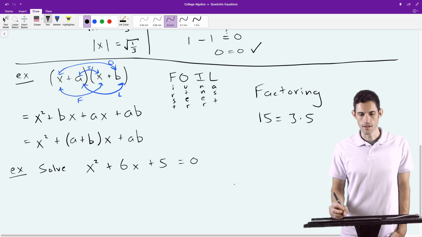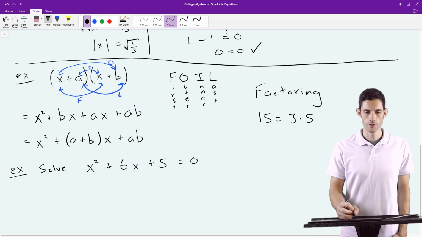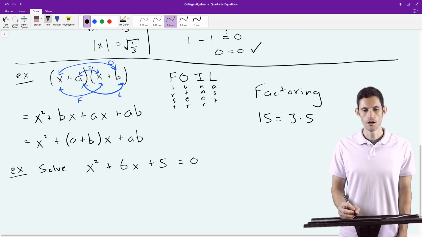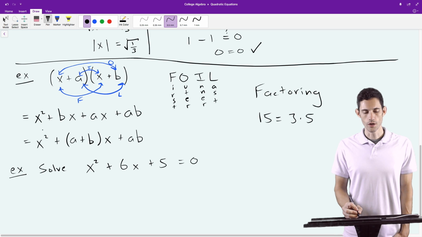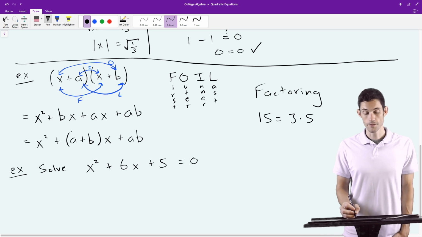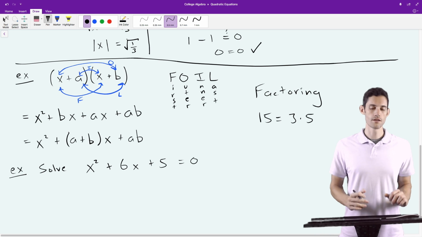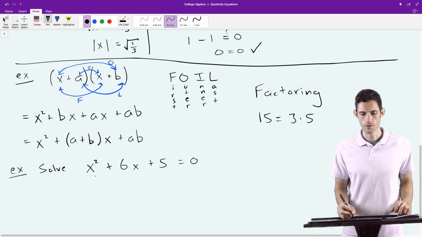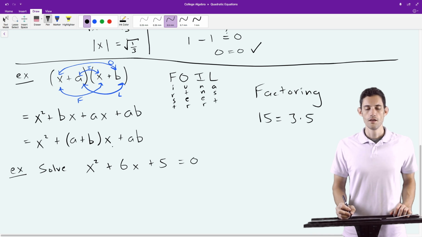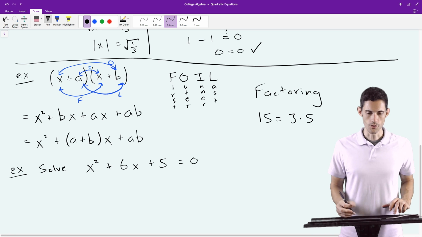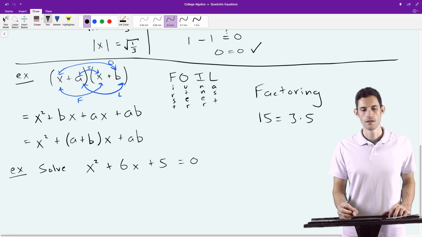So we're going to do the exact same thing. In fact, this is what I did over here. The quadratic polynomial x squared plus a plus b times x and then plus ab that you see here. If you factor that, you get x plus a times x plus b.